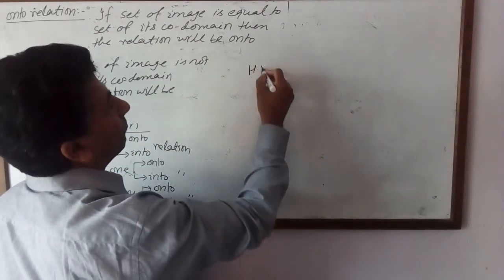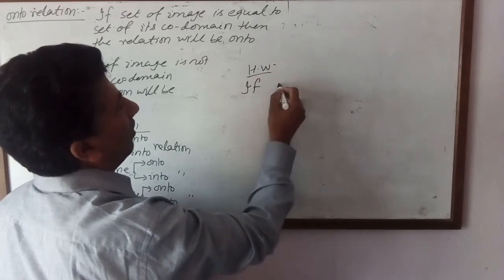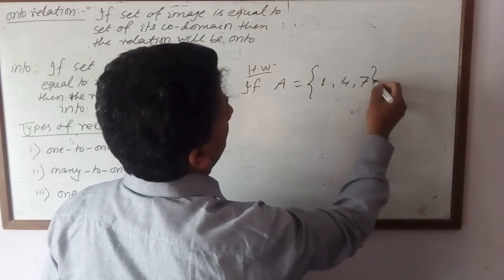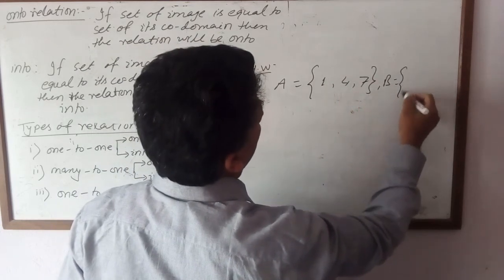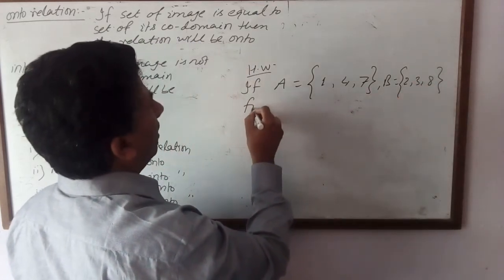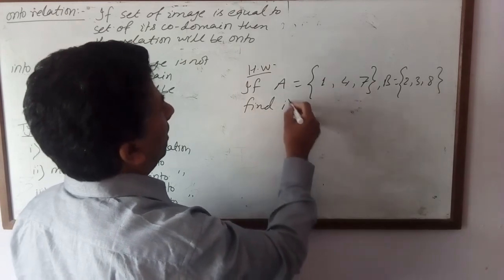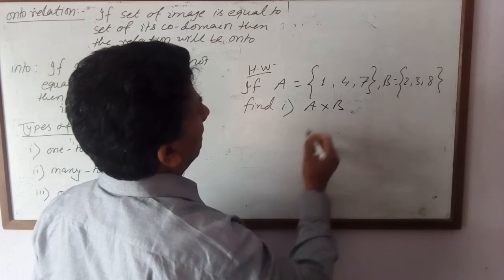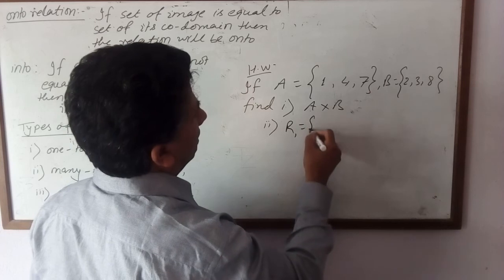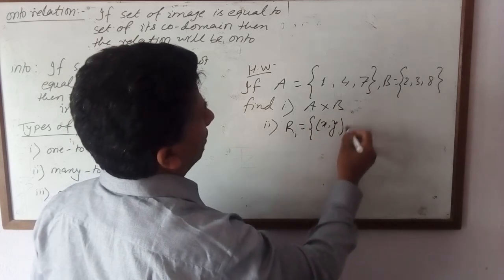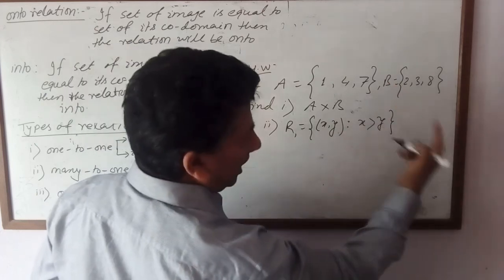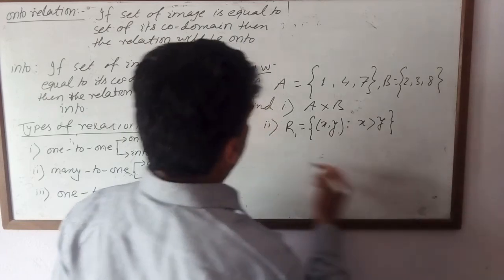Now homework: if A equals 1, 4, 7 and set B equals 2, 3, 8, find number 1, A cross B. Number 2, find R1, the ordered pairs XY such that X is greater than Y, show it in a diagram also and mention its types also.